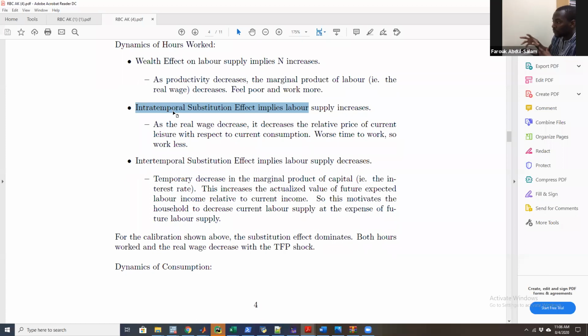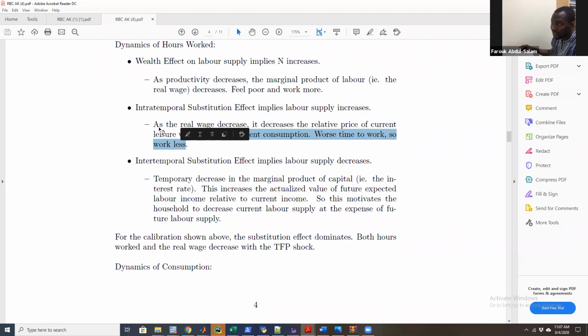Within your intratemporal decision making, are you going to consume more compared to working, or consume less compared to working? The answer is very simple. As the real wage decreases, it decreases the relative price of current leisure with respect to current consumption. So you work less.